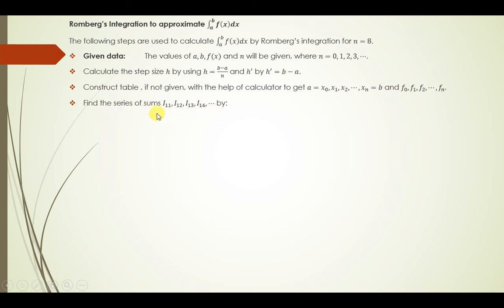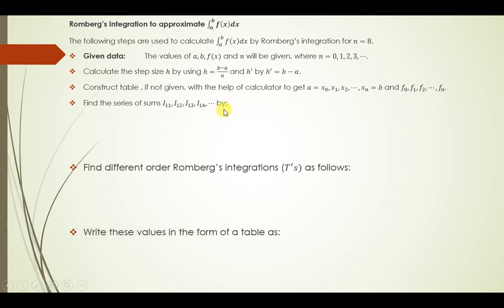How could we find these I's? That formula will be given here in the form of a table. Whenever we obtain the values of these I's with the help of these formulas, the next step is that we need to find different order Romberg's integrations, the T's.